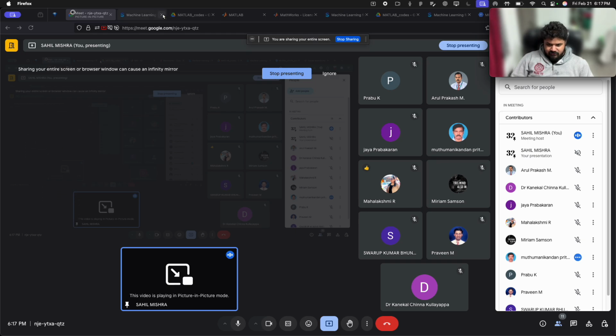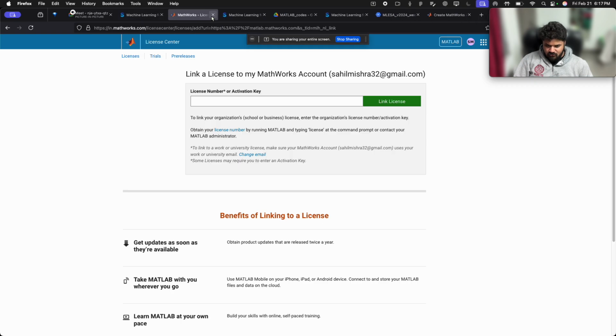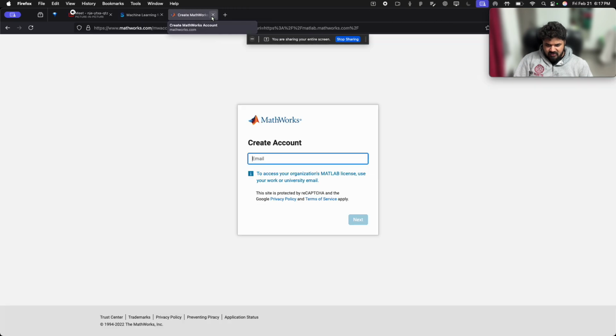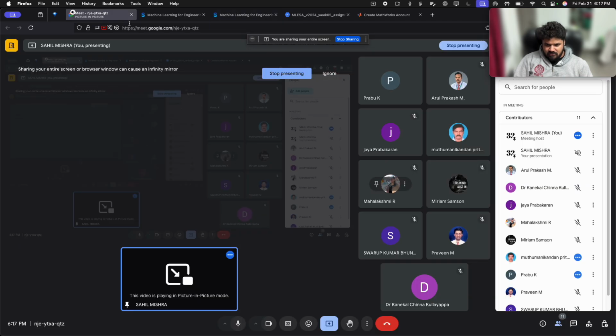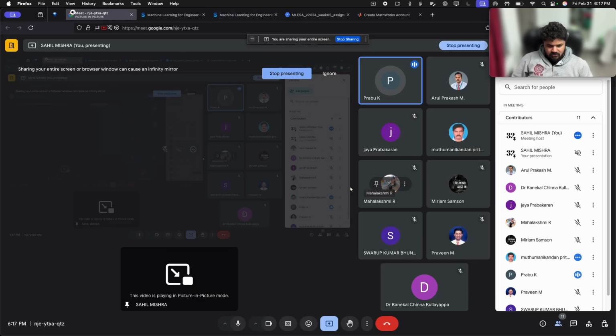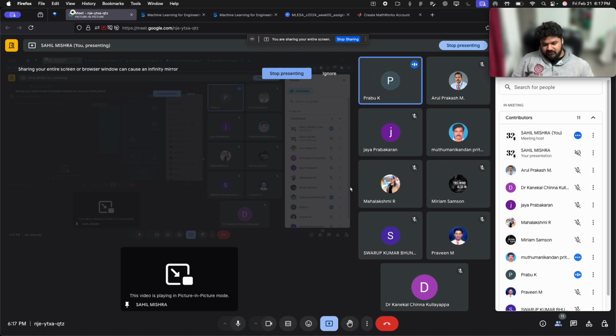If there's a serious concern regarding MATLAB code not working, you can use Python code. Otherwise, I'm there to help you on it. If it doesn't work, just share the screenshot on the discussion forum and leave it there.